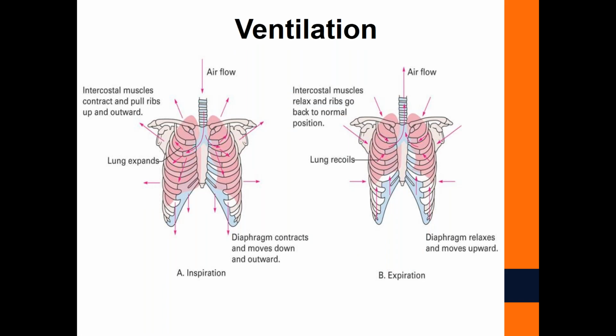So here's a picture of what I just talked about with ventilation, because we really haven't done anything but move gas until we start talking about respiration. So ventilation, we're just moving air from the inside to the outside and from the outside to the inside. When I'm going to inhale, those intercostal muscles contract and expand my chest wall.